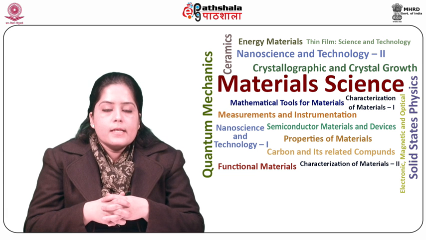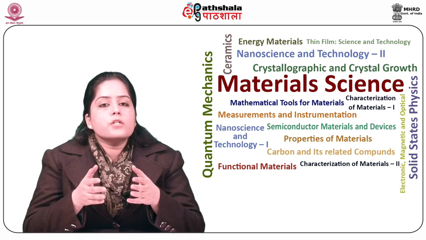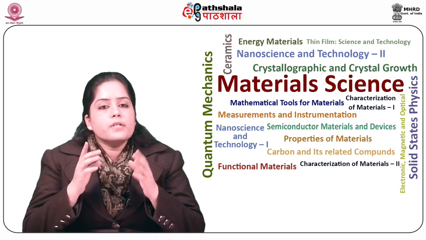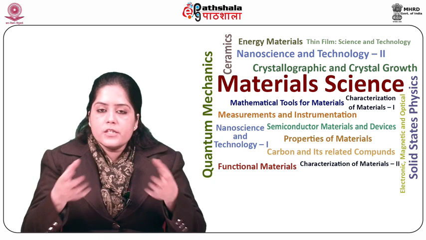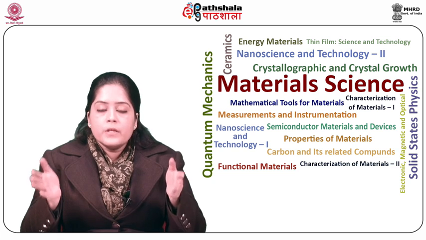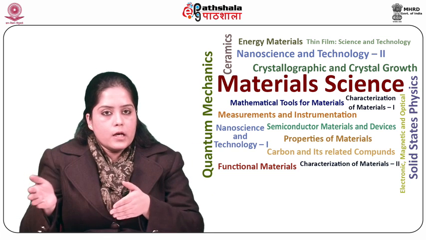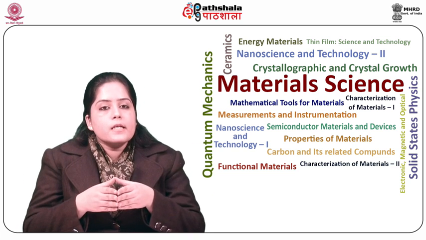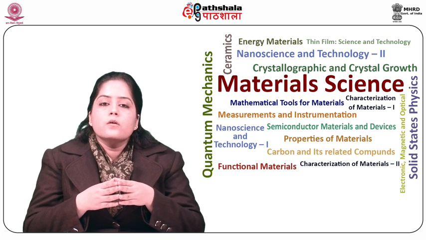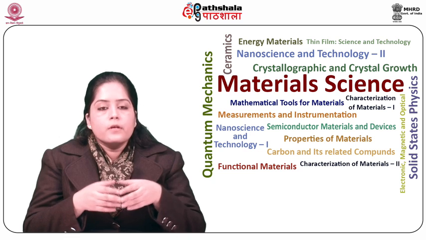Students, let us summarize what we have learned in this module. First, we discussed radiative transitions, including the EM spectra from UV to IR. Secondly, the basic transitions in a semiconductor were discussed.